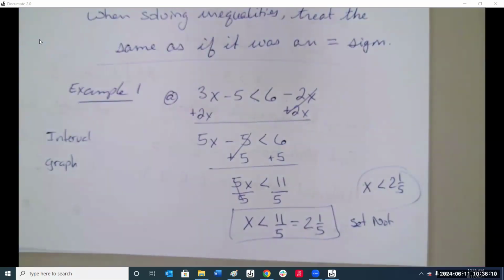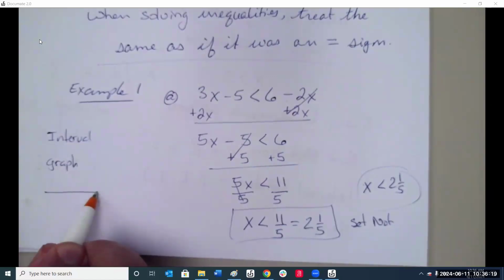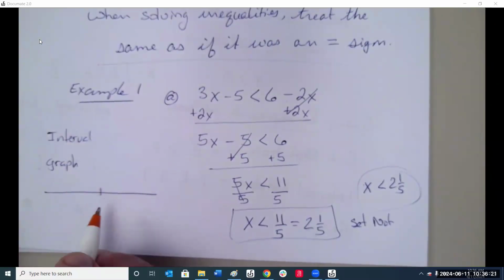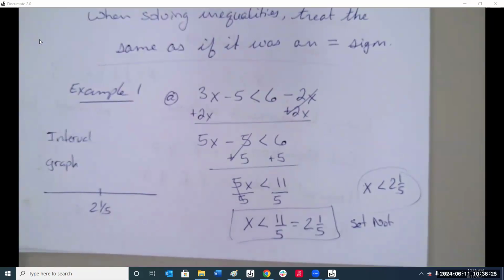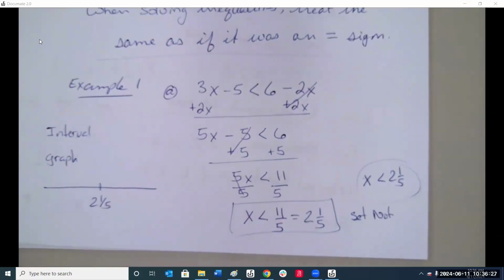Whenever you convert from set to interval notation, it's a lot easier to graph it first. So the graph would look like this. There's 2 1/5. Is it an open or closed circle? It's open because there's no equal sign. Which area is shaded, left or right?